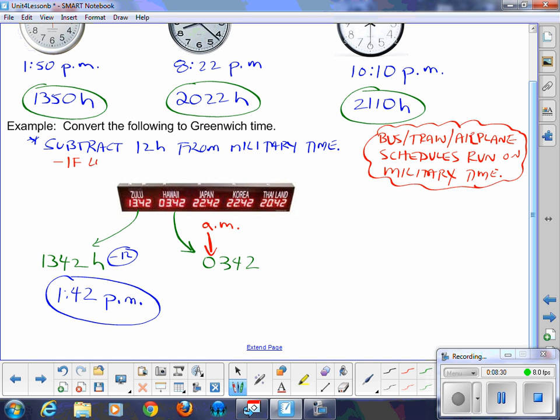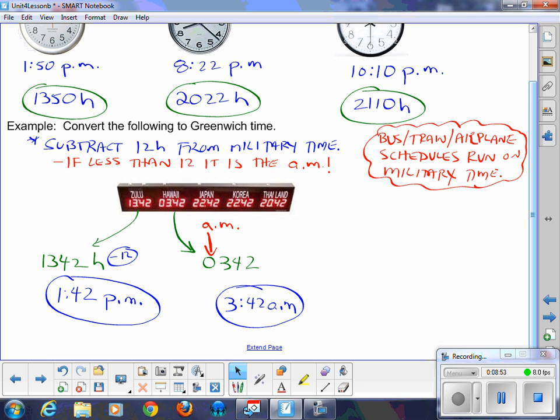If less than 12, it is the AM. Okay? So that means 0342 is the same as 3:42 AM. So it's 3:42 in the morning.